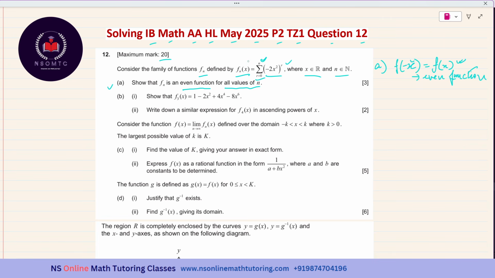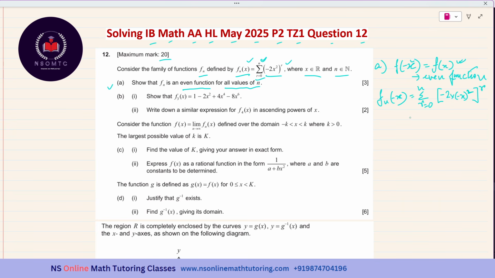So since fn of x is having this expression, therefore fn of negative x should be equal to sigma r equal to 0 to n. Every other portion will be the same. Only the x will be changed to negative x. So negative 2 times negative x whole square, this is negative x square, raised to the power of r.